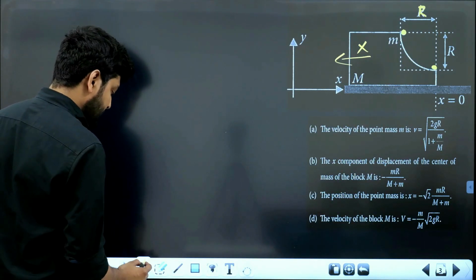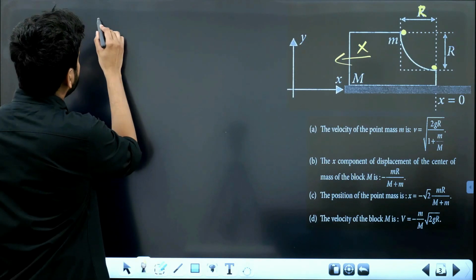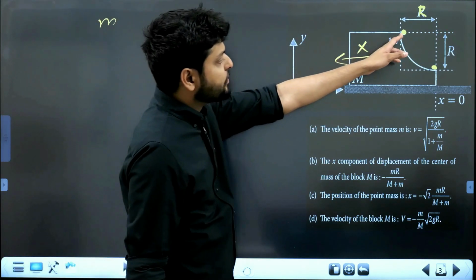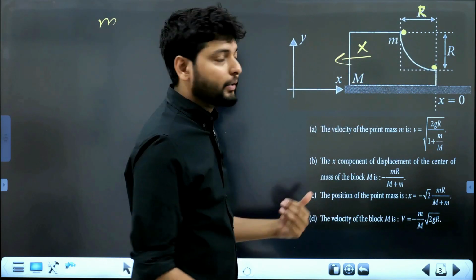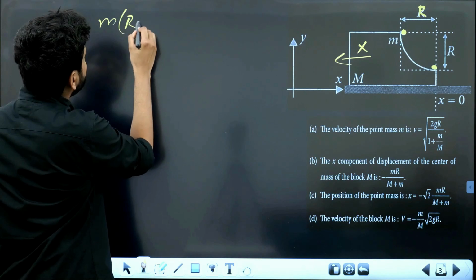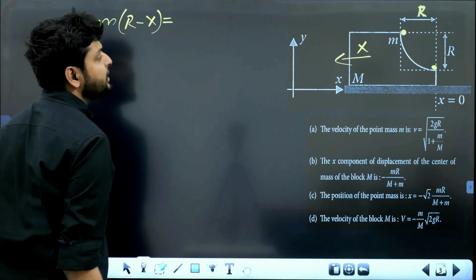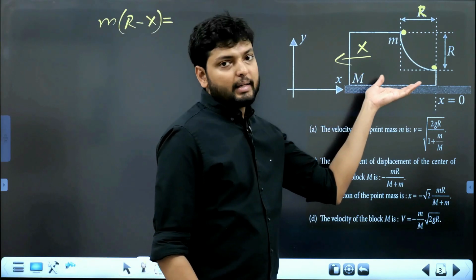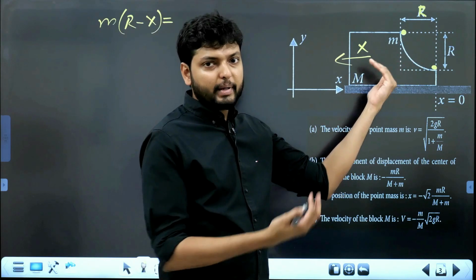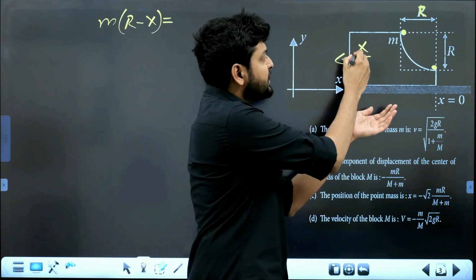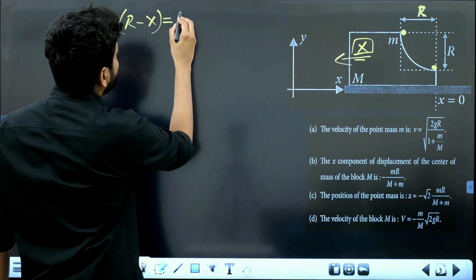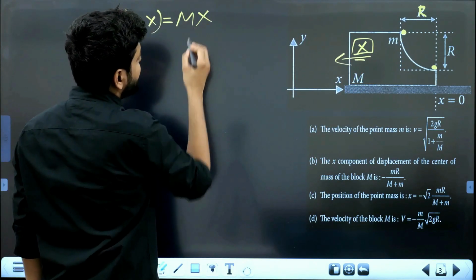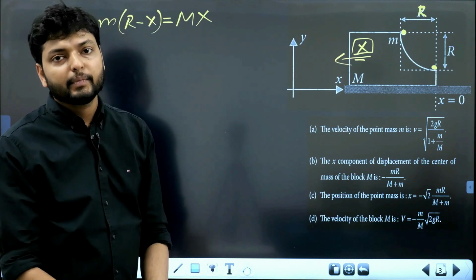So I am using the previous concept. If the point mass has been displaced by r minus x with respect to the ground, then the bigger mass, this block, should have been displaced by x. We have assumed this x with respect to ground. So I can equate these two products, right? That is what we saw in the previous concept.